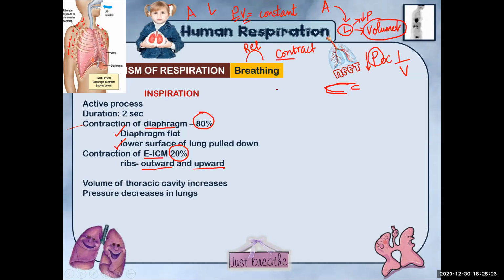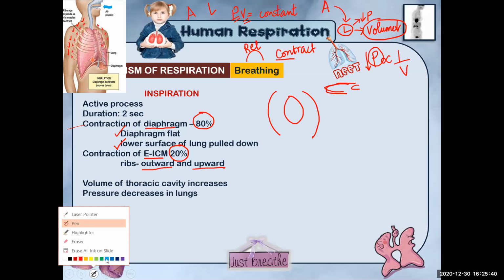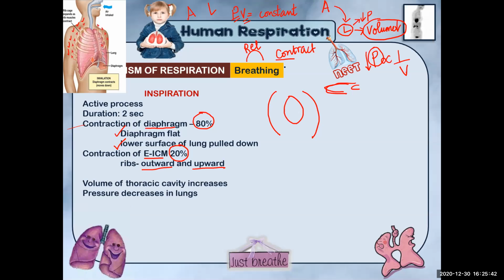अब वो कैसे होता है? Remember thoracic cavity is an airtight chamber. तो अगर ये thoracic cavity है और ये lungs है, right? Then you remember lungs have two types of pleura, two membranes, one is visceral pleura and the other one is parietal pleura.